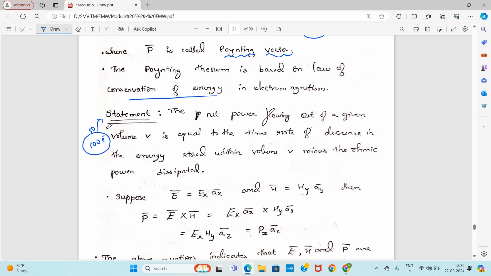If 50 are coming out, then the same 50 is reduced here. Along with that, a small amount of power is wasted in the form of ohmic loss or heat, because of the materials that are there.